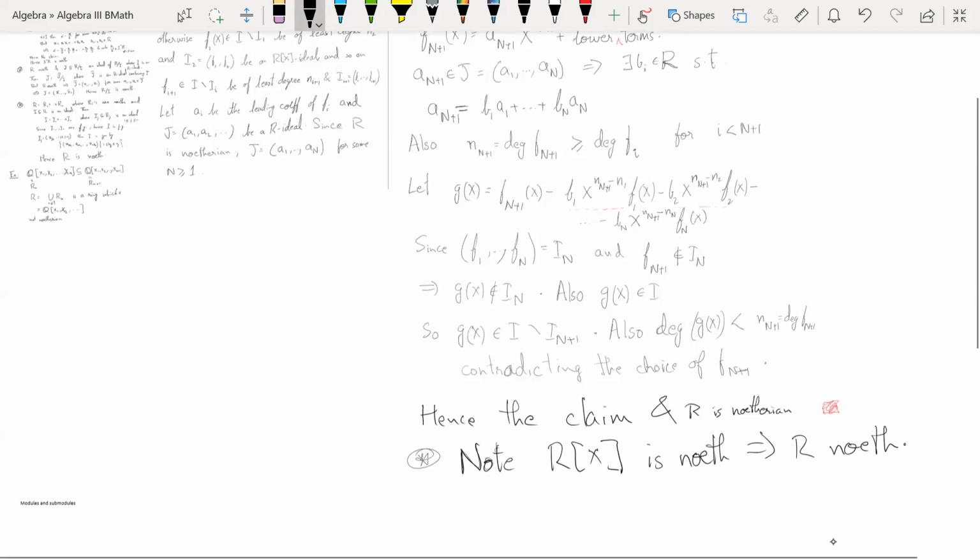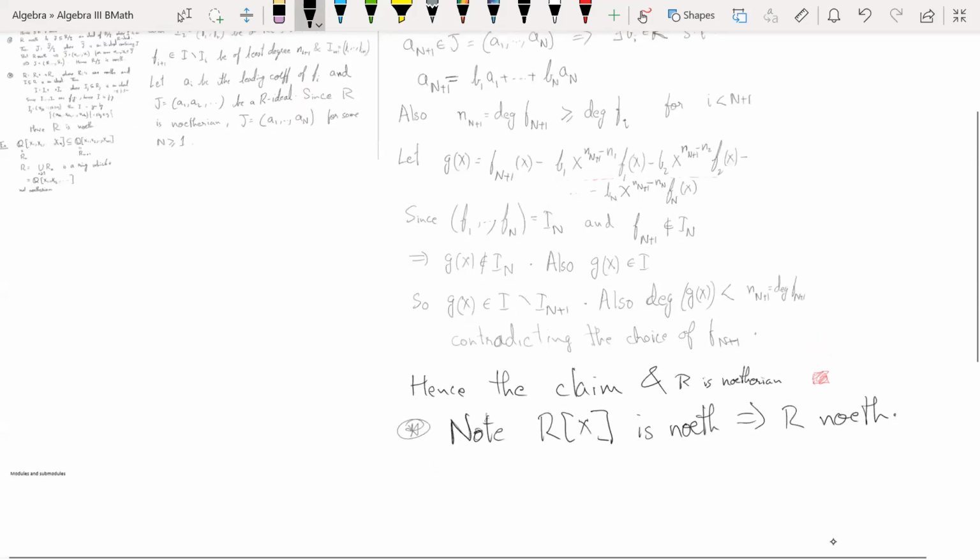But maybe a caution: a subring of a Noetherian ring need not be Noetherian. This is important, so I'll write it in red.